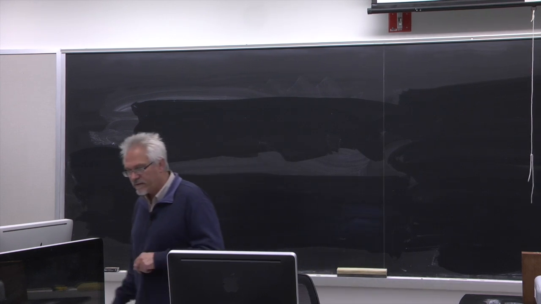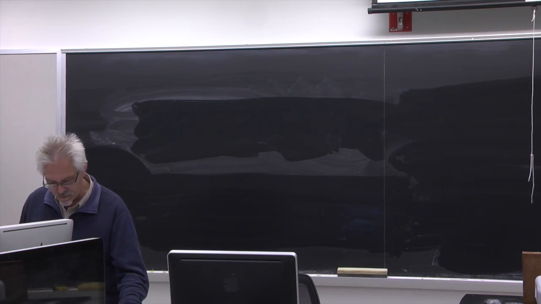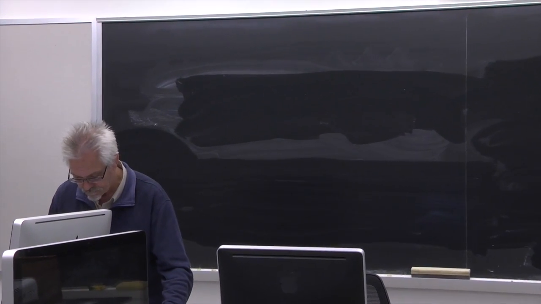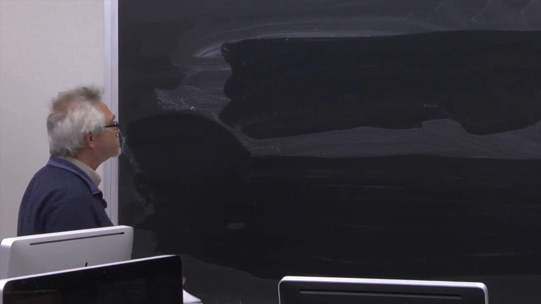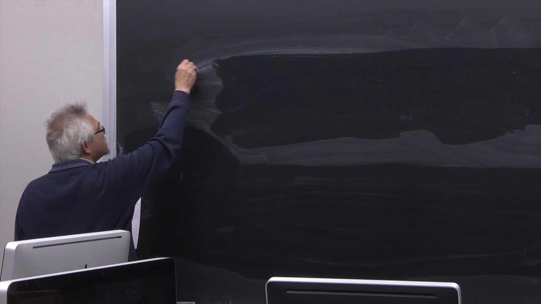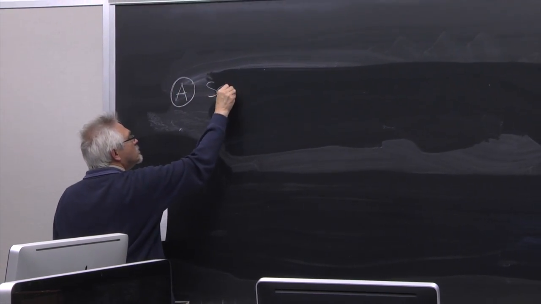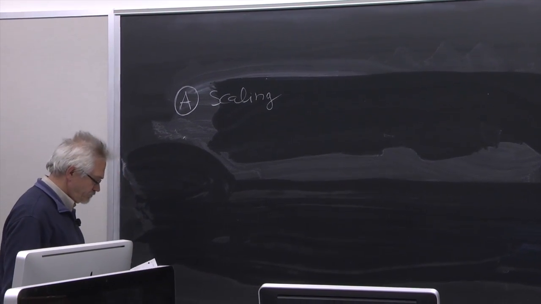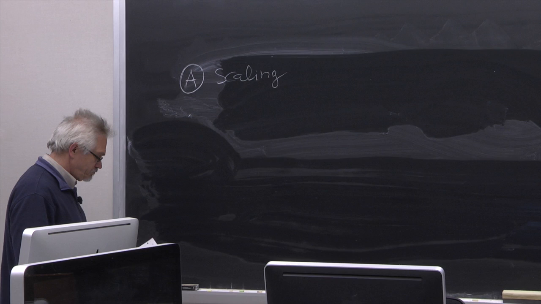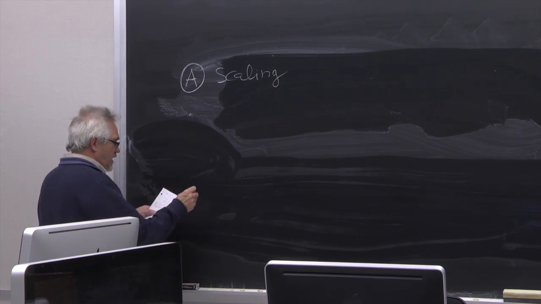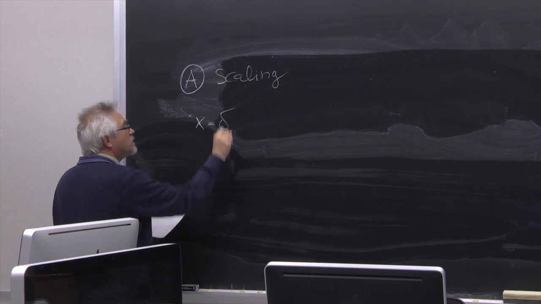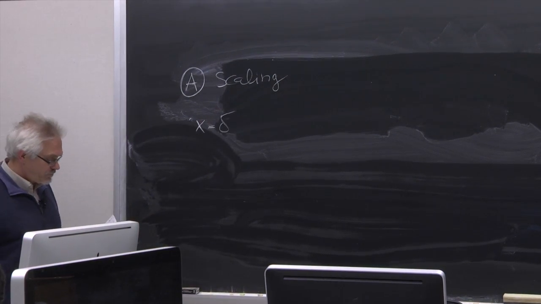So let's have a look at these properties of scaling and superposition. Start with scaling. That's the easiest. So let's say I'm using a delta function as input.